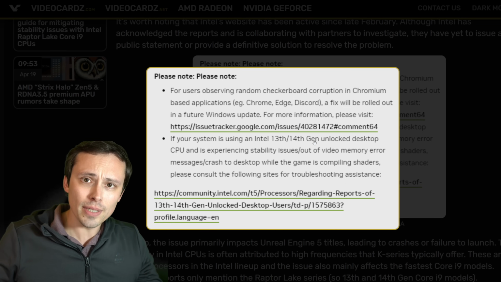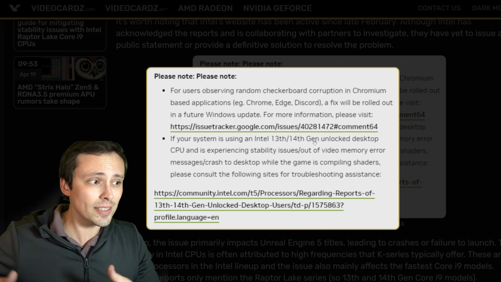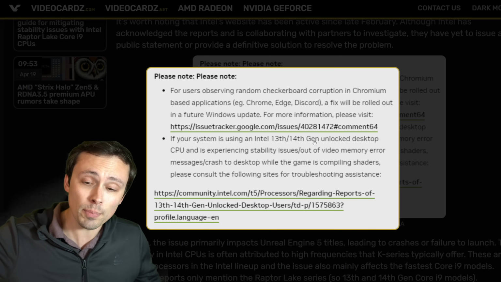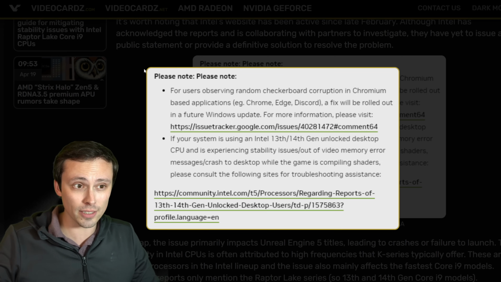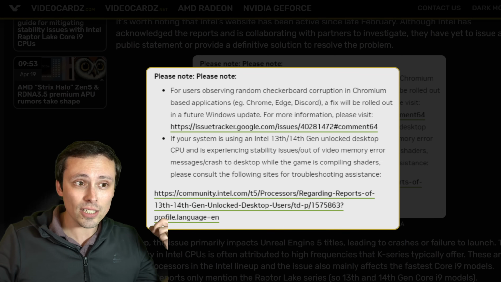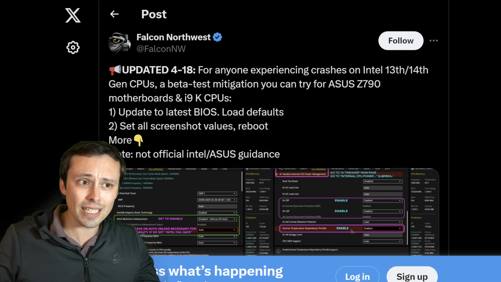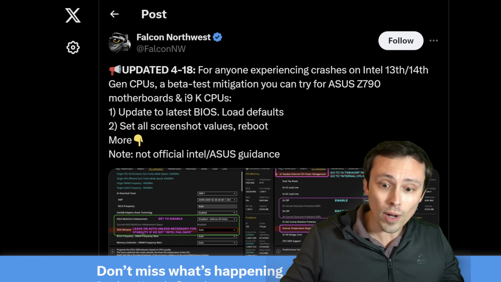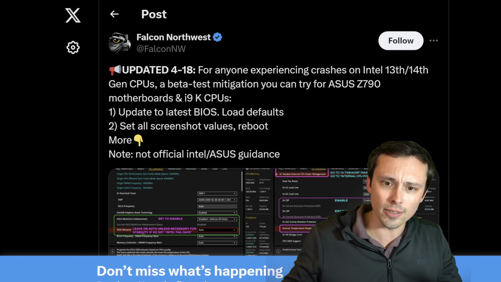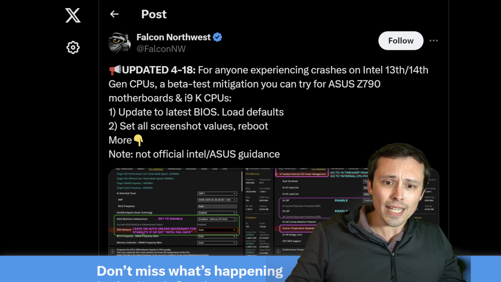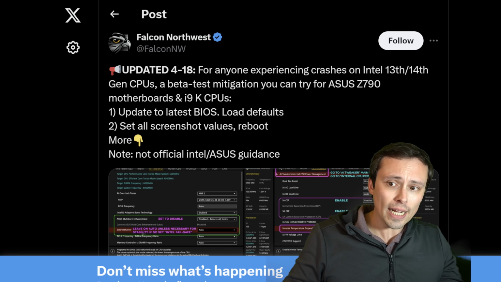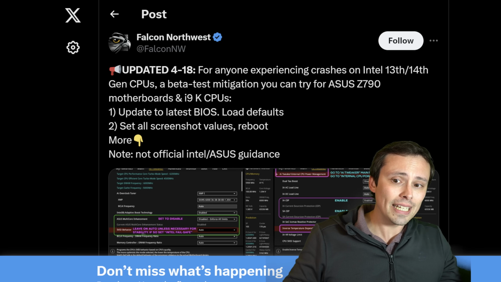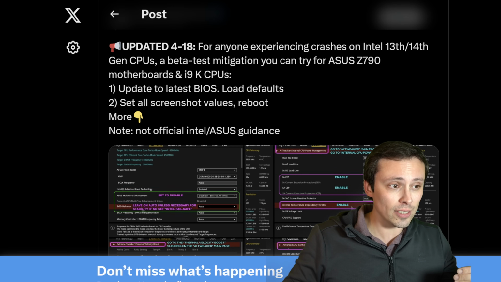And again, doing other research, it does look like people have reported that unstable settings for their Intel CPUs can throw this error message. Also, in addition to this, showing that this is a pretty widespread problem, we're also seeing Falcon Northwest, who makes pre-built systems, tweeting out that for anyone experiencing crashes on Intel 13th and 14th gen CPUs, they are giving some motherboard settings you could use.